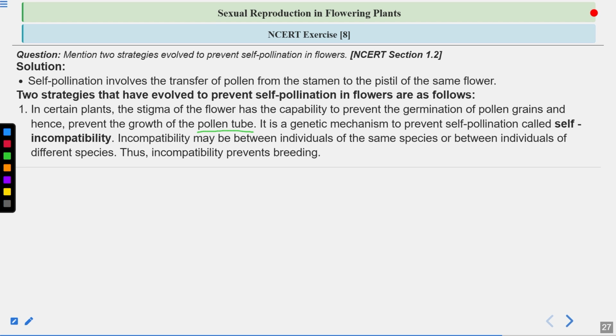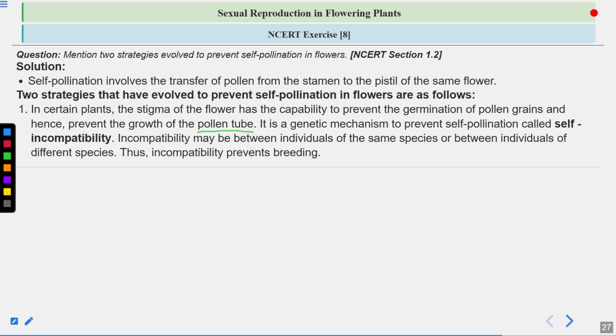Then this pistil will not allow the pollen to germinate on its stigma. Why so? Because they have the same type of gene. The stigma does not allow the same type of pollen grain to germinate. If the pollen grain is of S3 or S4 type, then they will allow this pollen grain to germinate, right?